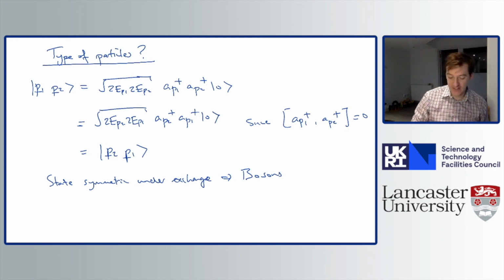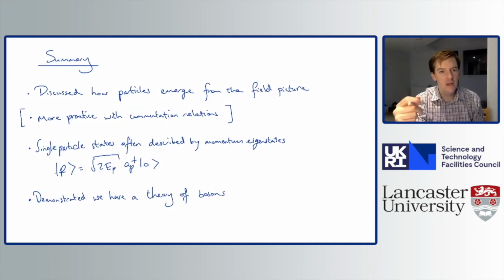One of the differences is that you don't get commutation relations, you get anti-commutation relations. It's the fact you have anti-commutators that allows you to pick up the minus signs required so that fermions are anti-symmetric under exchange. But in this theory, where we have commutation relations, they are symmetric, and so they are bosons. Okay, so that then brings us to the end of this lecture.